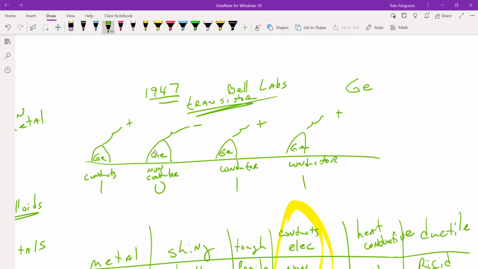The metalloids are either like metal or non-metal. What they invented early on was something called a diode. Di meaning two. So metalloids are really, really important.